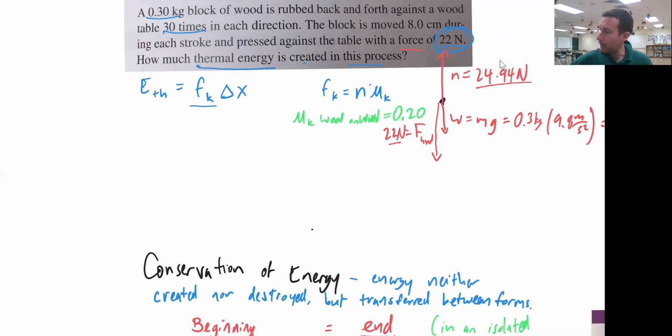And that was in chapter 5, I believe. There was a little table in chapter 5. I'll see if I can find the page number. Chapter 5, coefficients of friction. There they are. Page 138. Right there. All right. So 0.20 was the kinetic friction for wood on wood.